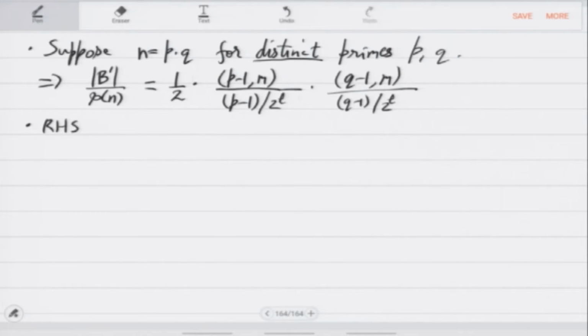Now if this RHS exceeds 1 by 4, then what it means is that the product is exceeding 1 by 8. So you have to remember that the numerators divide the denominator here.